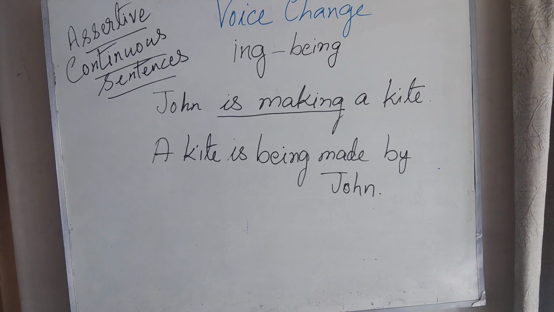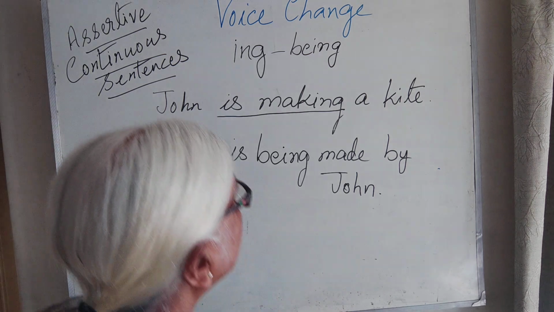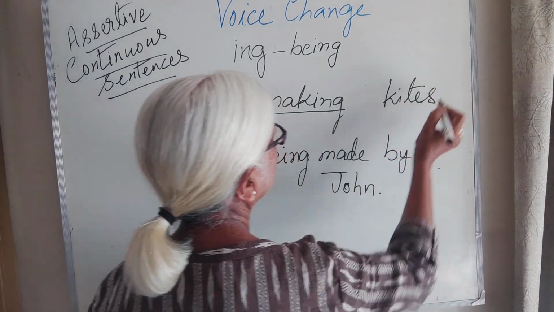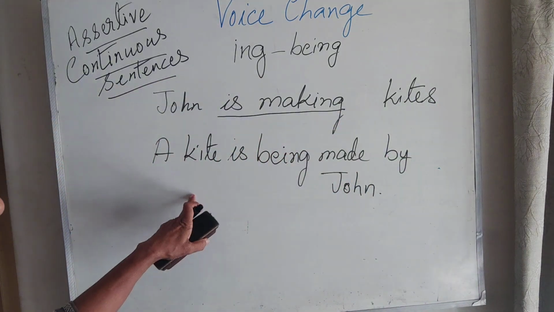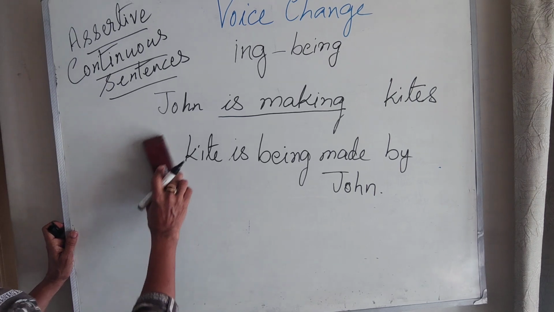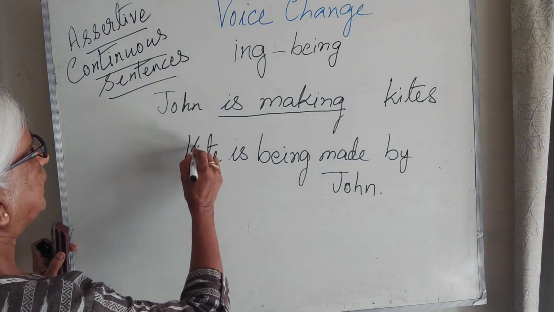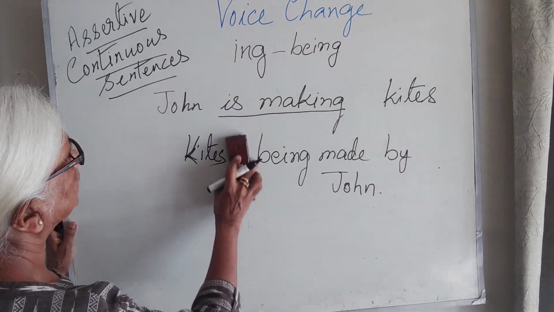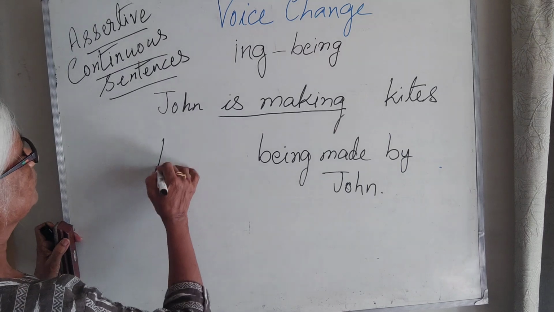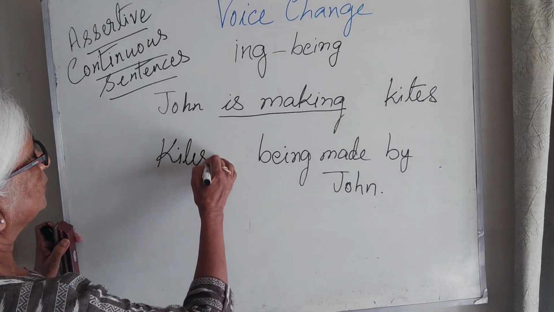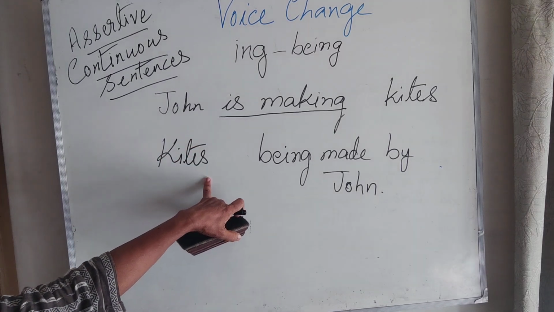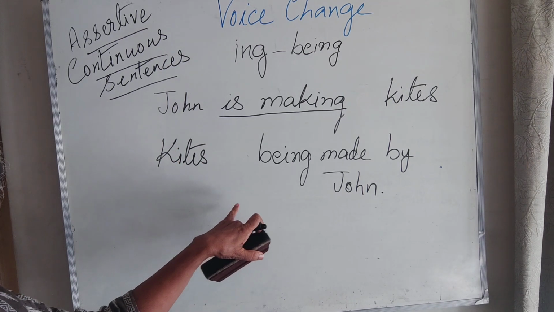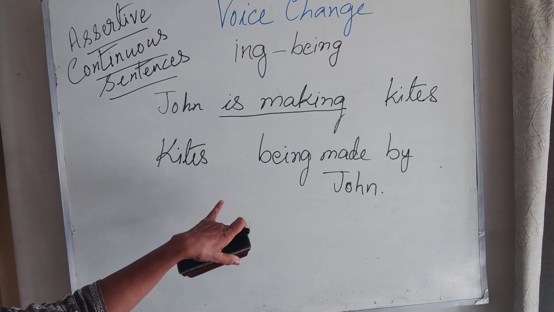Now, suppose we have it plural, we change a kite to plural kites. Obviously, when kites come as subject, then here also a is removed and we have K capital kites. Okay, let's do it once again. Kites. Now, it's plural. The subject is plural. So, you need the present tense plural form. What is the present tense plural form? Think over it again.